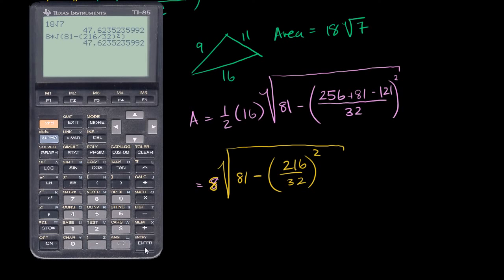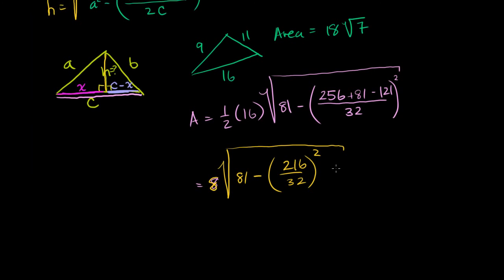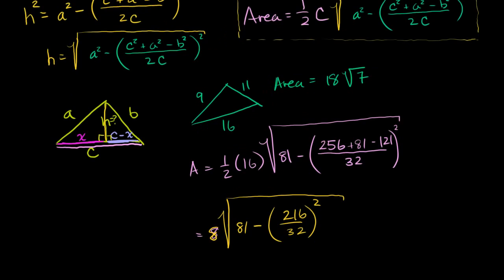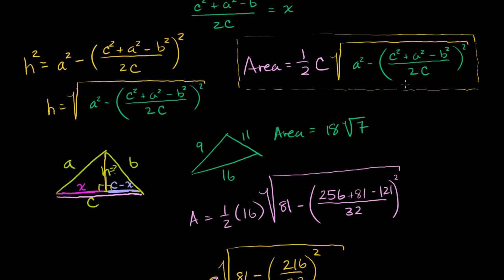And we get the exact same number. I was worried. I actually didn't do this calculation ahead of time, so I might have made a careless mistake. But there you go. You get the exact same number. So our formula just now gave us the exact same value as Heron's formula. But what I'm going to do in the next video is prove to you that this can actually be reduced algebraically to Heron's.